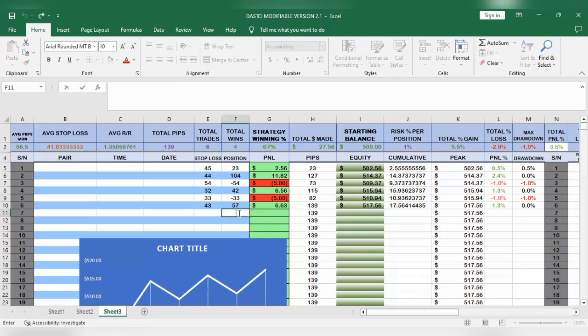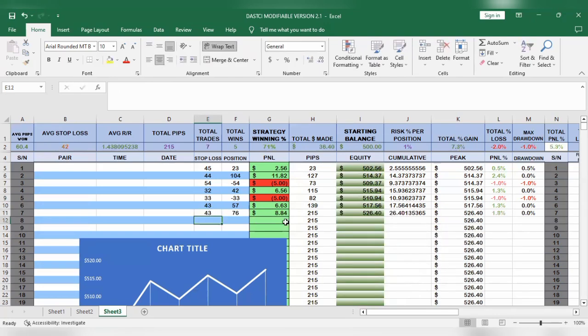It will be somewhere maybe around 76, thereabouts. And your stop loss might have been the same 43 as well. So, which would give you a cumulative profit of $8.84. But this is just a single position.